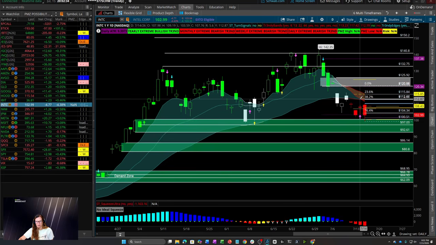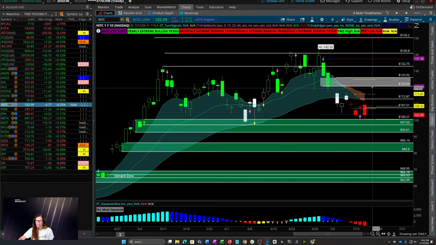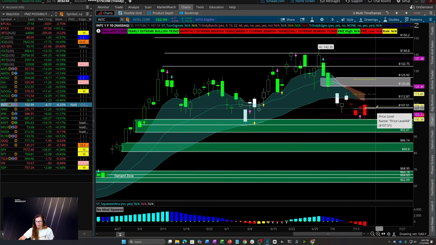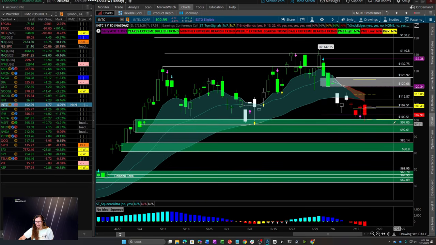Then I use the new Fibonacci levels for targets. Okay. And now I'm short from here, and I'm targeting 113 and 107 and a half on the way back to 101 by 92. Do you understand?